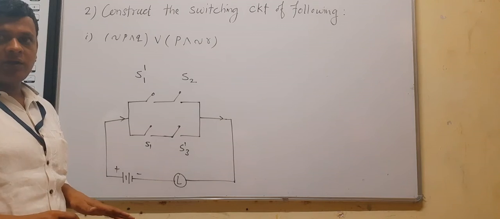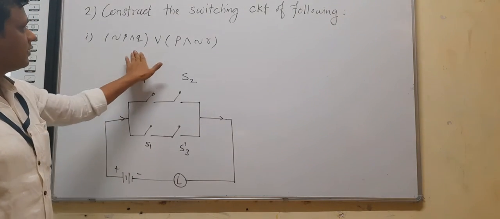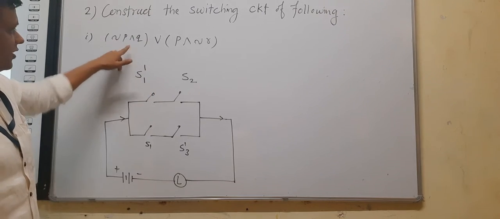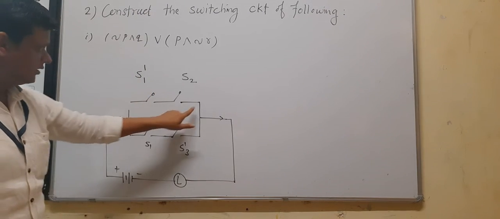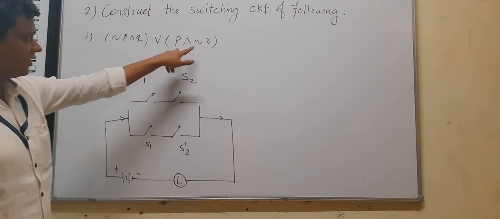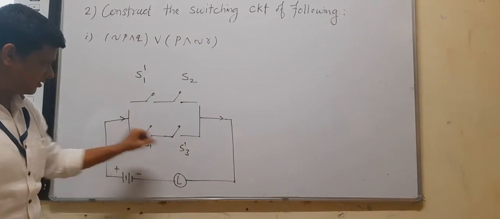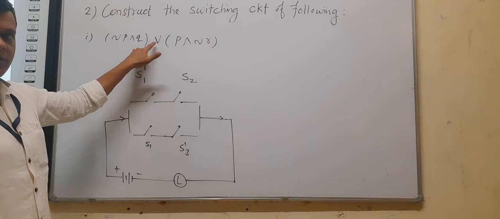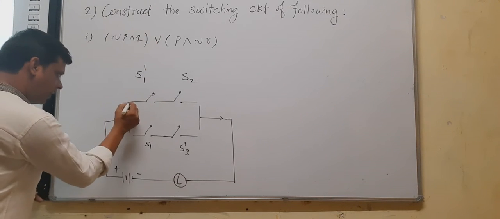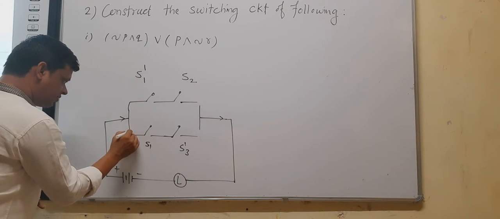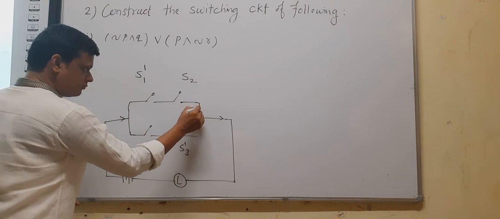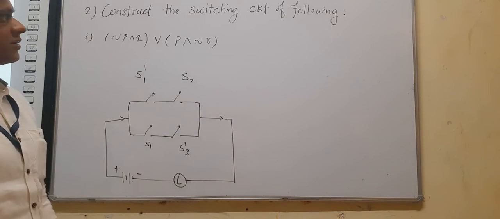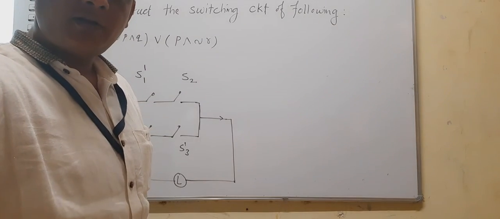What we have done here: first we construct switching circuits for the brackets. For the first bracket we construct this circuit, for this second bracket we construct this circuit. Then between them there is this junction, so we connect them in parallel combination. In this way we construct the switching circuit for the given form.